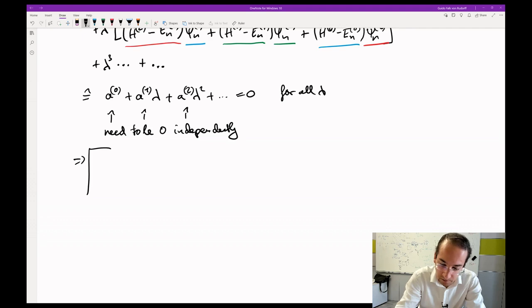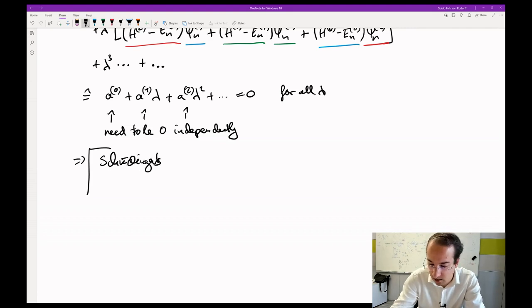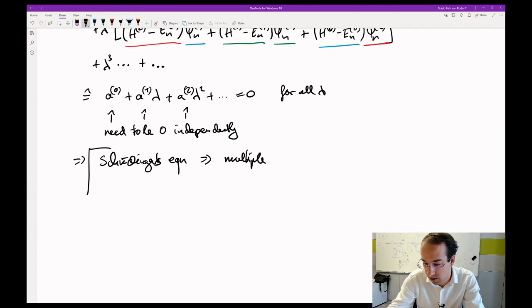Schrodinger's equation gives you multiple perturbative equations.